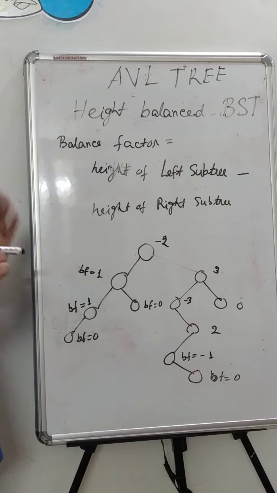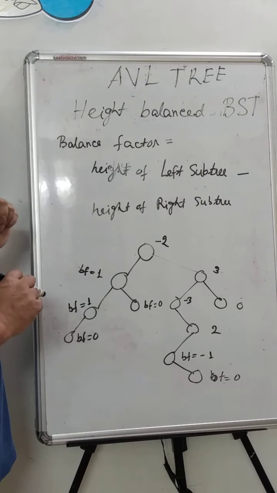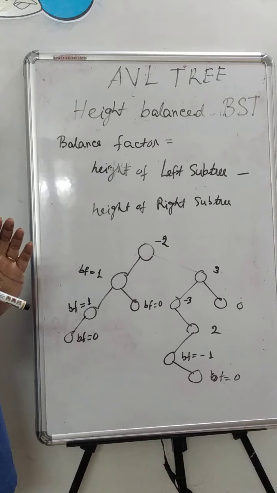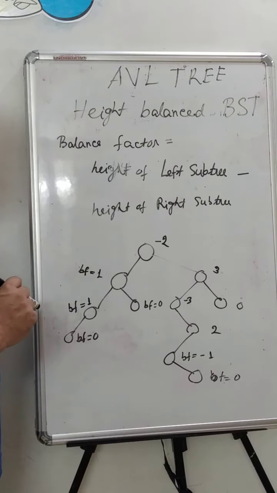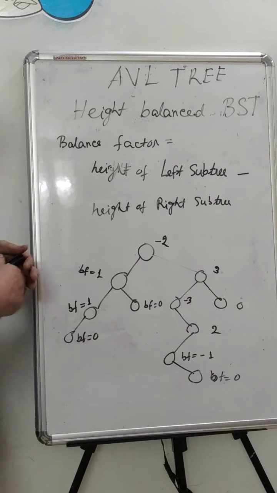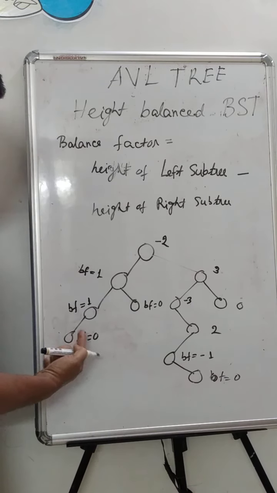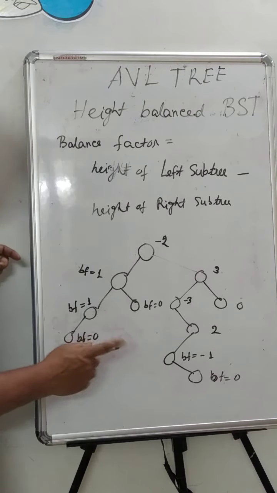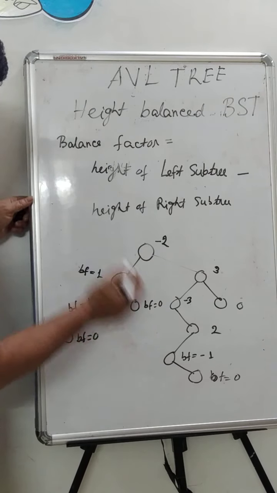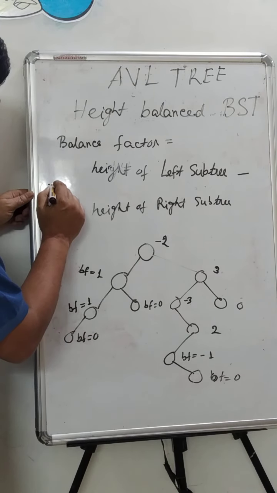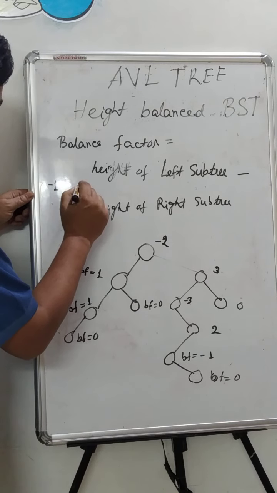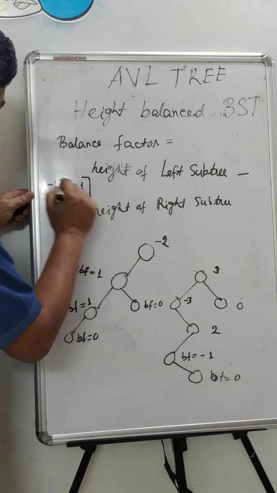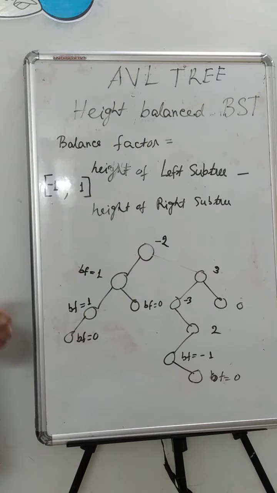So a binary search tree will be called height balanced, or an AVL tree, if the balance factor of each of the nodes in the tree lies in this interval.